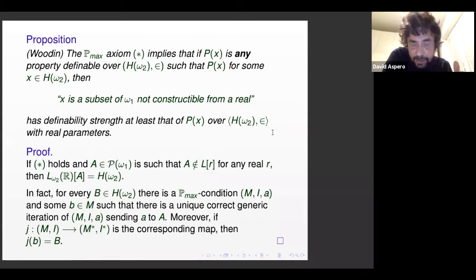Correct means sending the set of positive sets in the final model to really stationary sets, which sends A to this parameter, its distinguished set, to this parameter capital A, and moreover it sends some B in its universe to our object B.